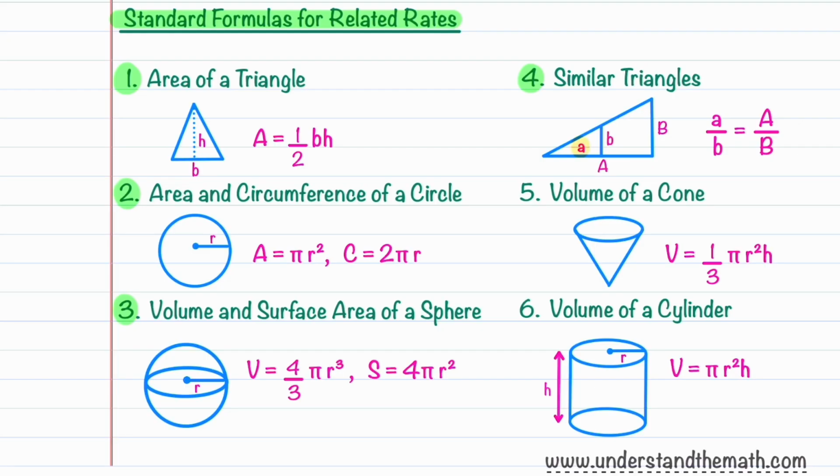The ratio of the smaller side lengths, A divided by B, is equal to the ratio of the larger side lengths, capital A divided by capital B. Number 5 is the volume of a cone, and then number 6 is the volume of a cylinder. If you download the free guided notes, you will have these formulas to use when you solve related rates problems.